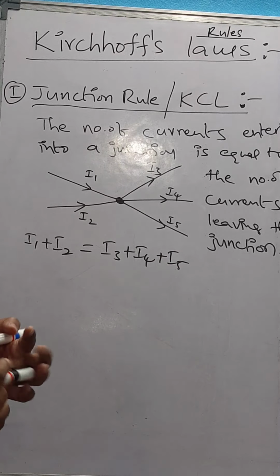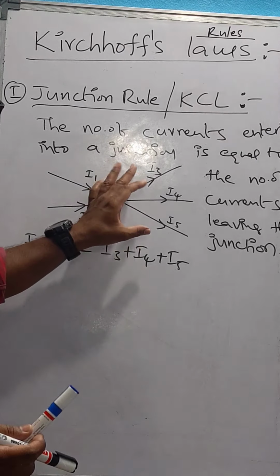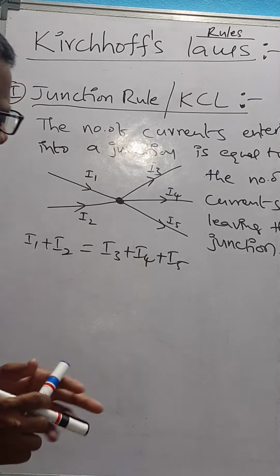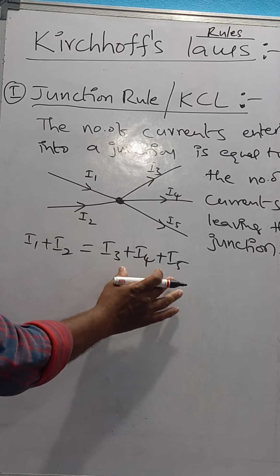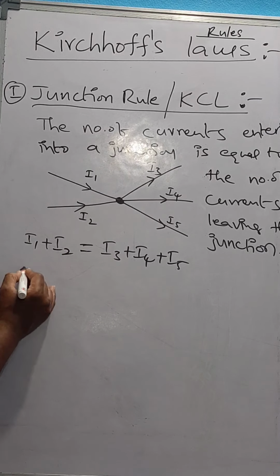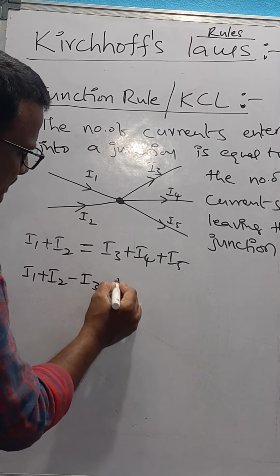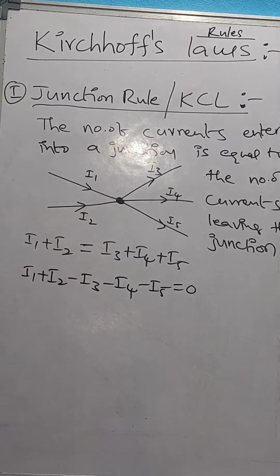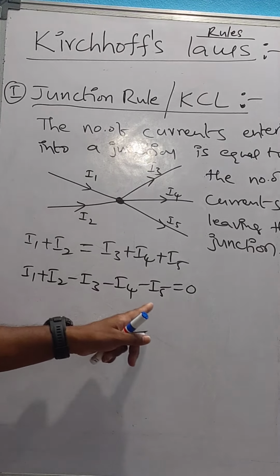Taking the right-hand side quantities to the left-hand side, we write I1 plus I2 minus I3 minus I4 minus I5 equals 0.